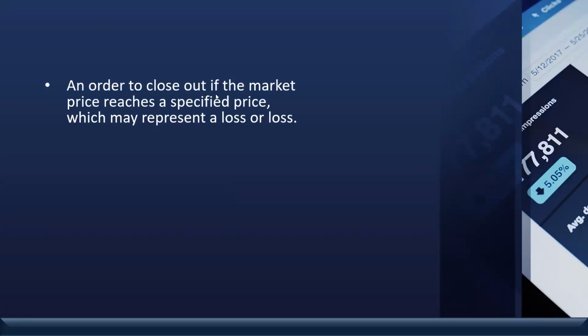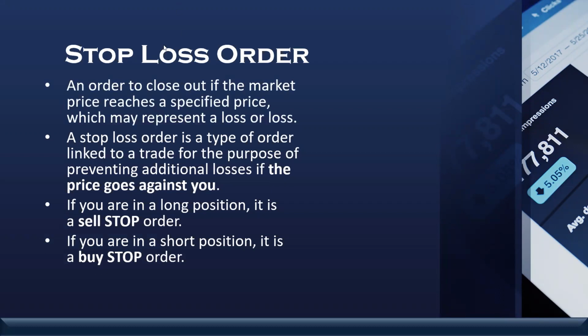In order to close out of the market if the market price reaches a specified price, this is a stop loss order. The stop loss order is your account's safety net. All right.